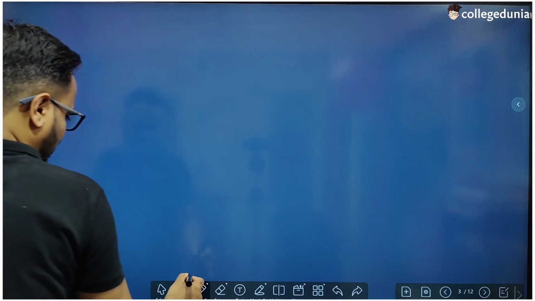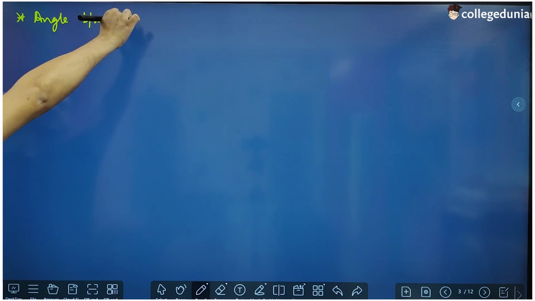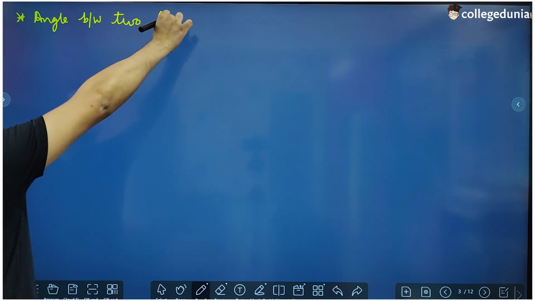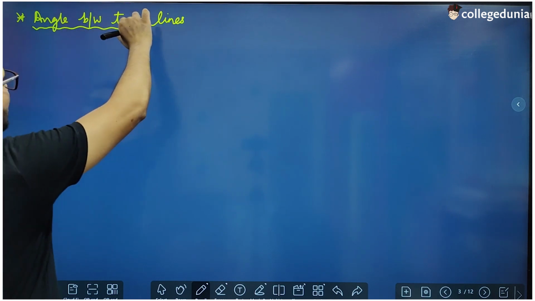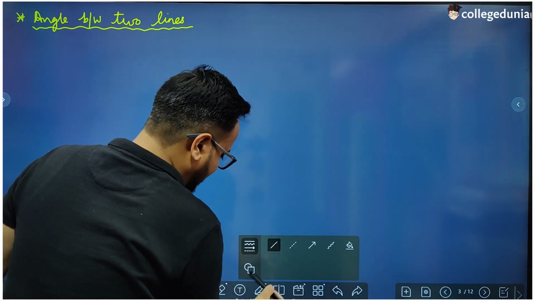which is very important, which is a formula to find the angle between two lines, when their slopes are given.